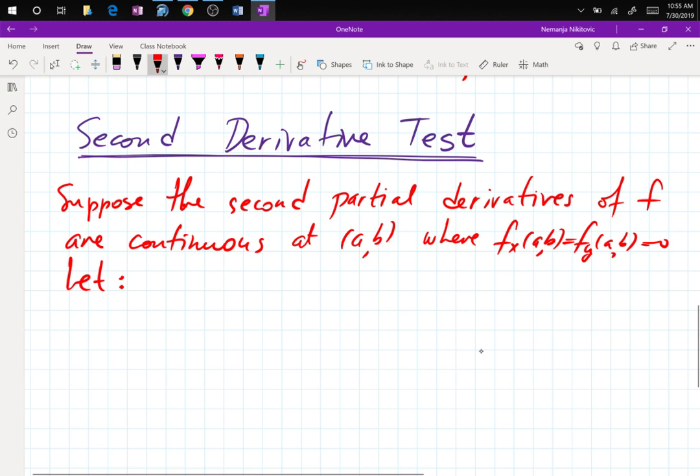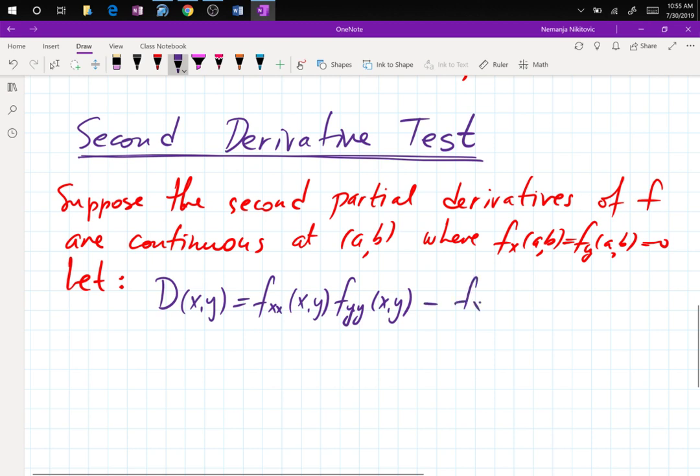And here's the equation that you must know: D(x, y) is the second partial derivative of xx times the second partial derivative yy, minus the mixed derivative xy squared.